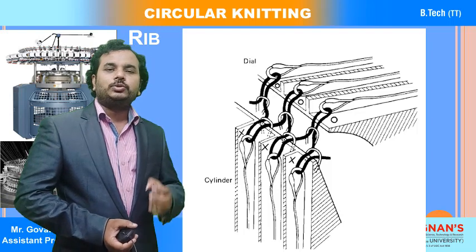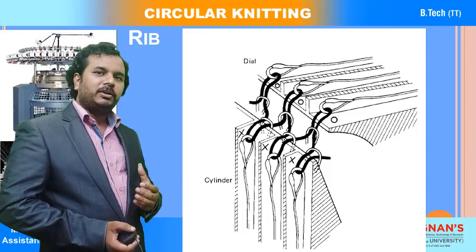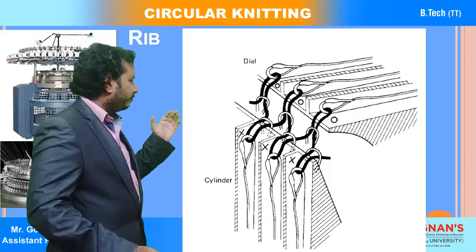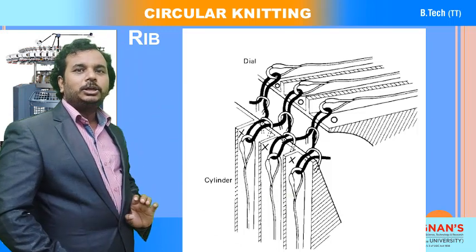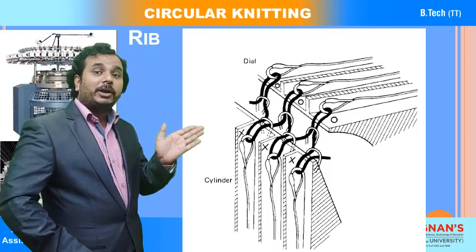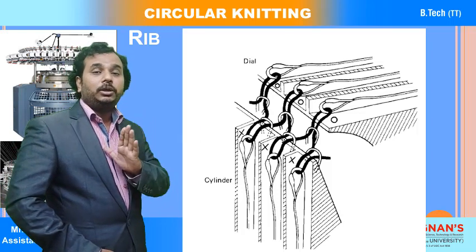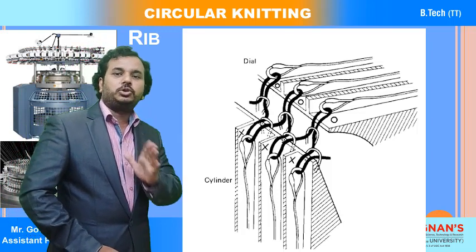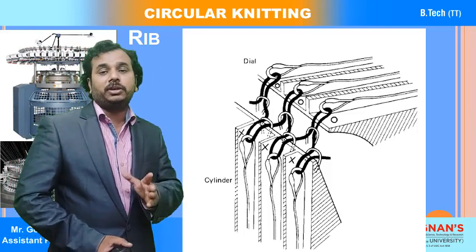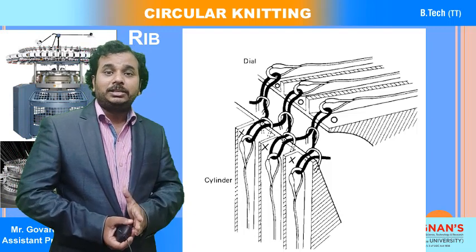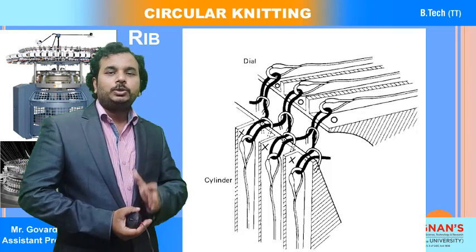As I have shown here, you can observe the face loop of the cylinder shown first, and in the dial, it is showing the face side as well. So from the cylinder side as well as from the dial side, you can observe the face loops on both sides.